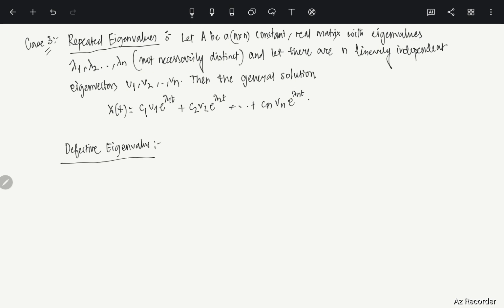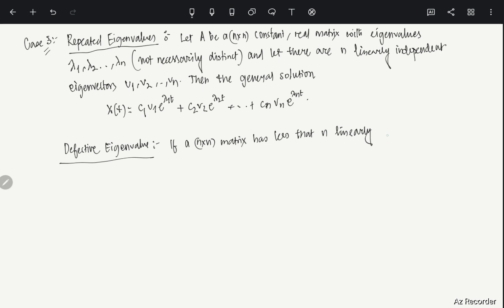So let's say an n cross n matrix has less than n linearly independent eigenvectors.